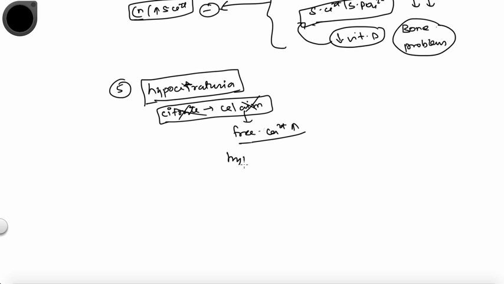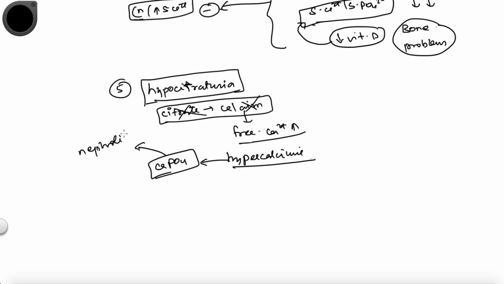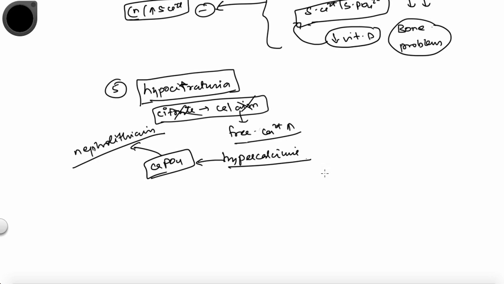This increased free calcium, hypercalciuria, is going to form stones called calcium phosphate stones, and this is the reason why distal RTA patients have nephrolithiasis. Nephrolithiasis is one of the most important differentiating features between distal and proximal RTA. Distal RTA patients usually have nephrolithiasis, whereas proximal RTA patients do not.